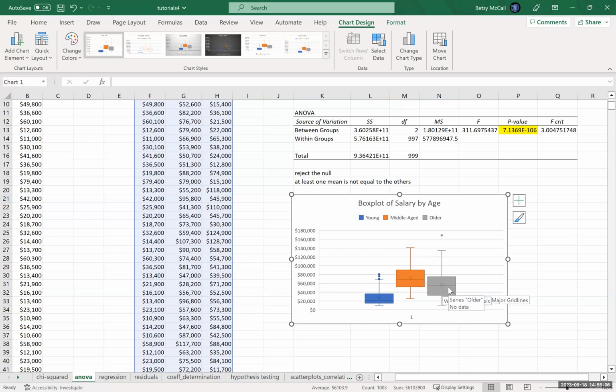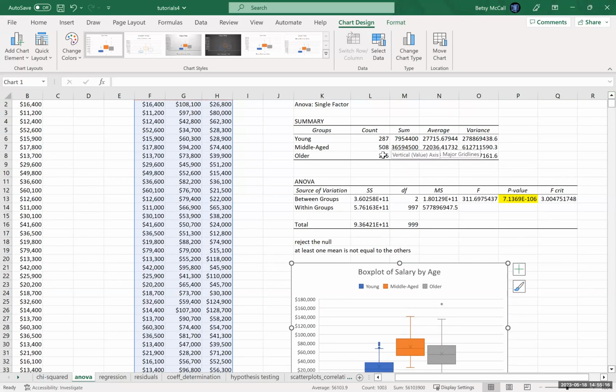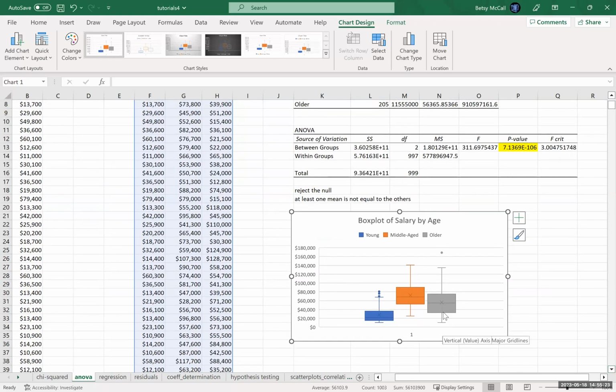Now, when we do this test, on the other hand, the fact that there are so many data points, there's 500 observations in the middle category, because there are so many data points, we're almost certainly going to be able to detect a difference of like 20,000. But that depends on the variance.